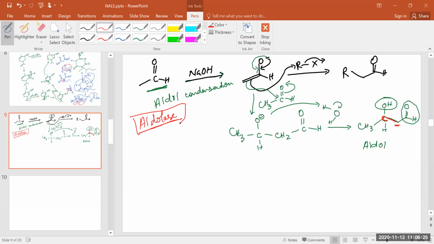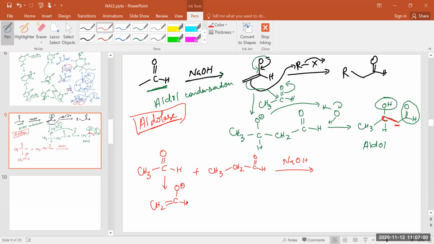Okay, so next, this aldol reaction. Now if you have, suppose, these two molecules, take acetaldehyde plus propanal, and take a catalytic amount of sodium hydroxide. So what will happen? Some of these molecules will form an enolate.